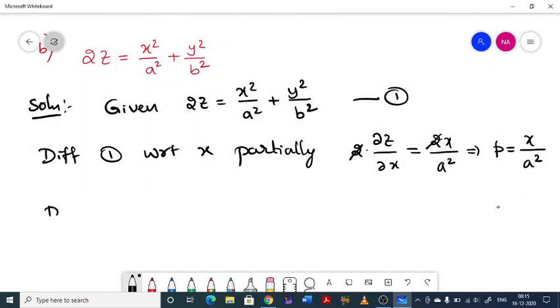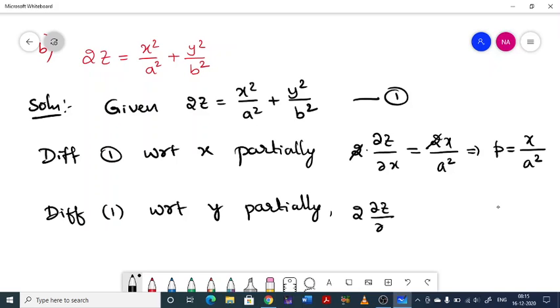Next, differentiating 1 with respect to y partially. What we'll get? As usual, 2 into dou z by dou y equal to 2y divided by b square. So 2 gets cancelled. I'll get q equal to y by b square.